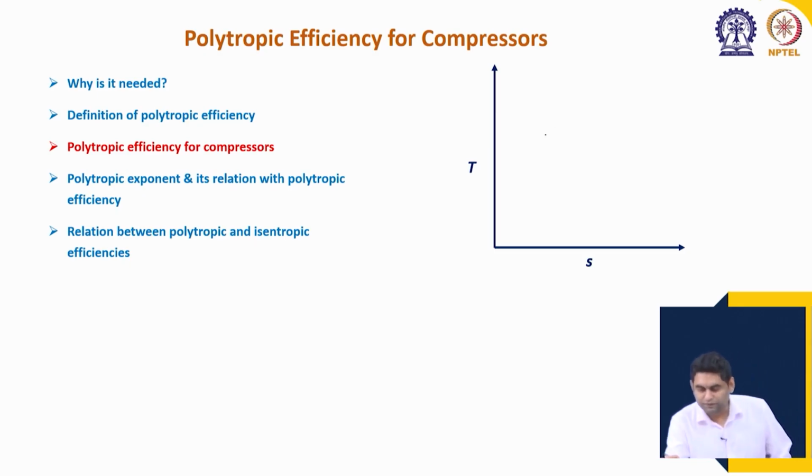So, if I have a process again going from 1 to 2, this is the ideal process 1 to 2s, and the actual process is going from 1 to 2.